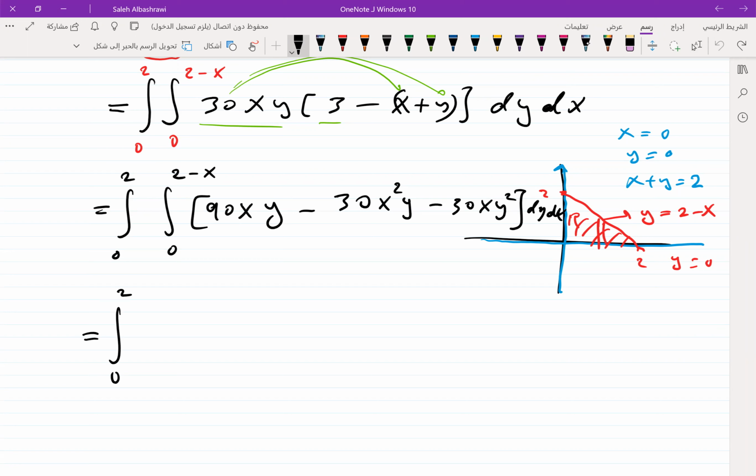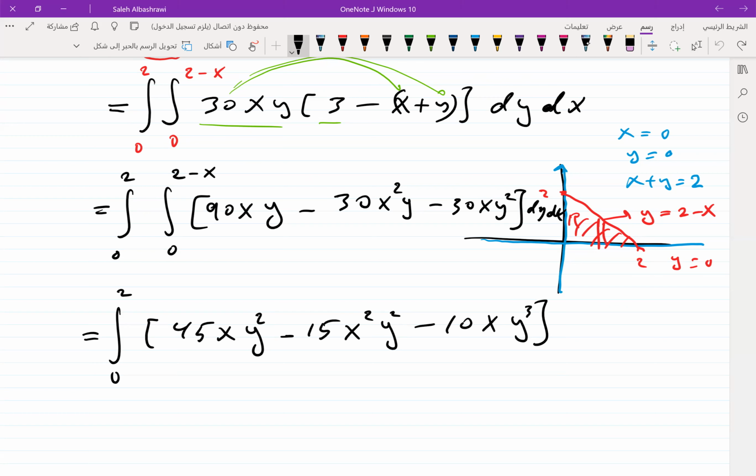0 to 2. Now integrate with respect to y. I will have 45x y squared minus 15x squared y squared minus 10x y to the power 3, dx, and the limit for y between 0 and 2 minus x.